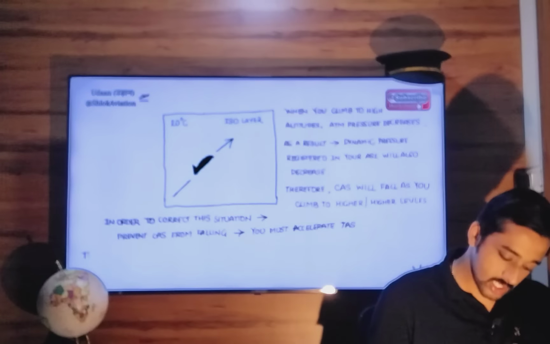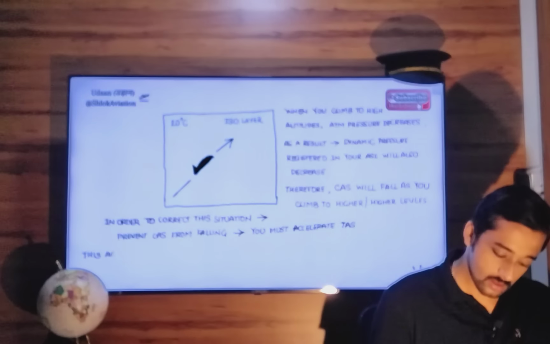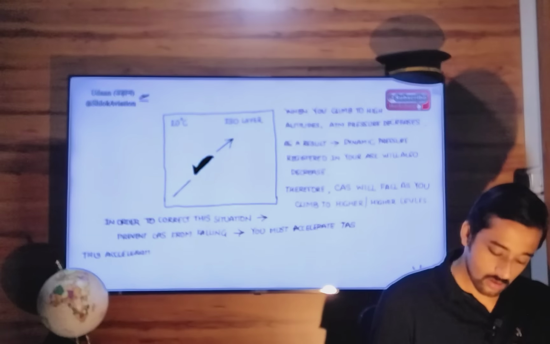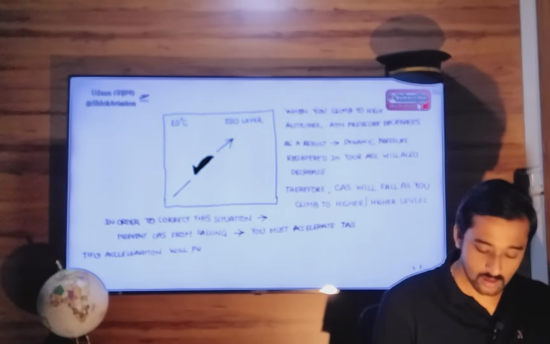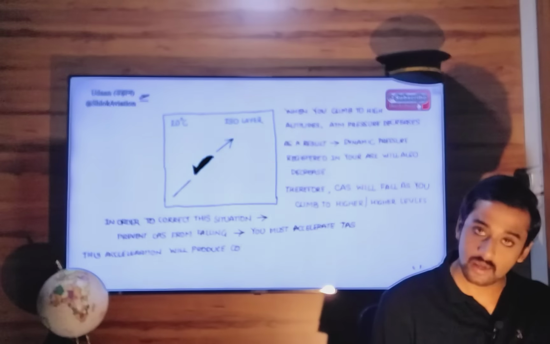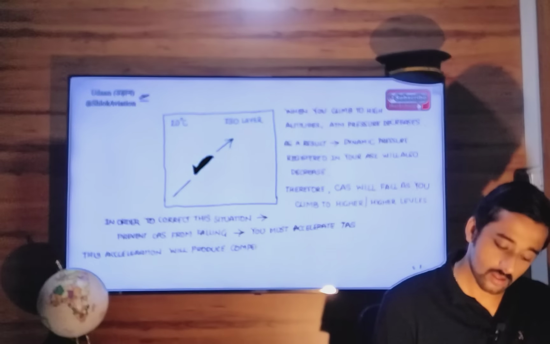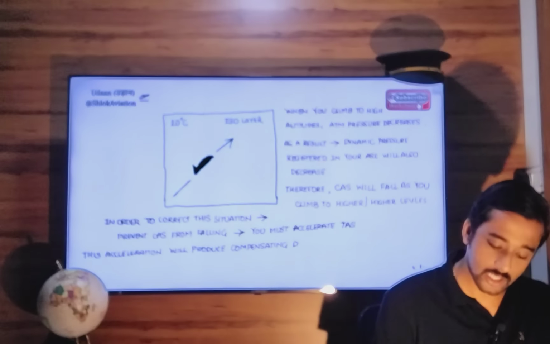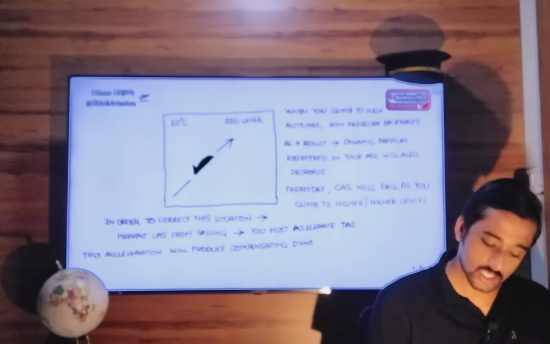This acceleration will produce compensating dynamic pressure, that is more dynamic pressure.